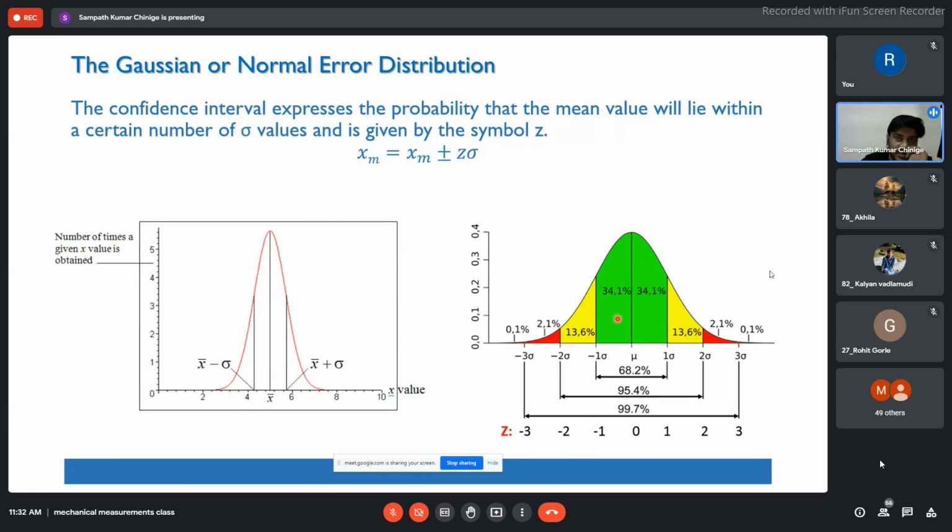For example, take a classroom scenario. I can say with 63% confidence that out of 100, 63 students will score 70. You are saying the central tendency is 70. That is one way of communicating the values to others. Then we may ask, 70 is fine, but how many students will get 70?